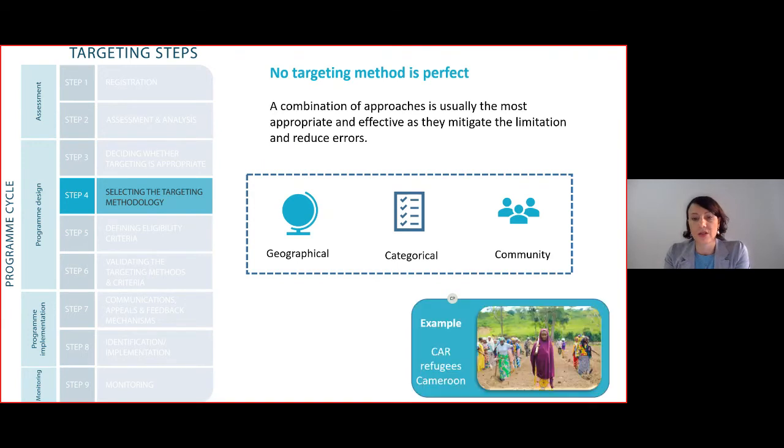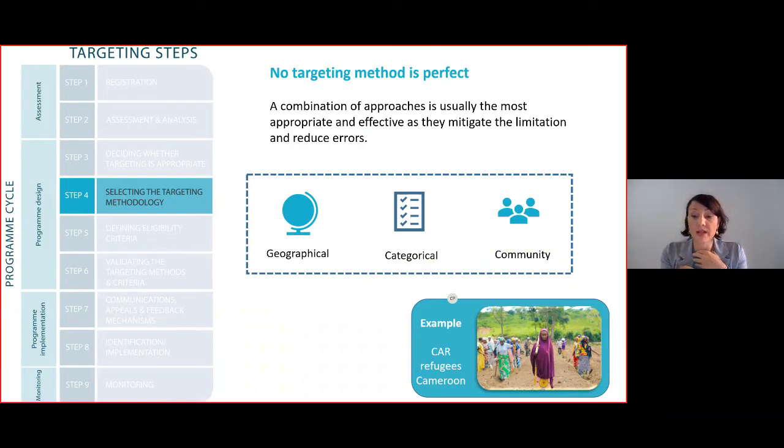So in the case of Cameroon, and we're working on this at the moment, the example of the current targeting for CAR refugees is a combination of three different methods and different elements from each method to try to come up with the targeting strategies. So there is the geographical component that is pretty much linked to where the CAR refugees are currently residing in Cameroon.